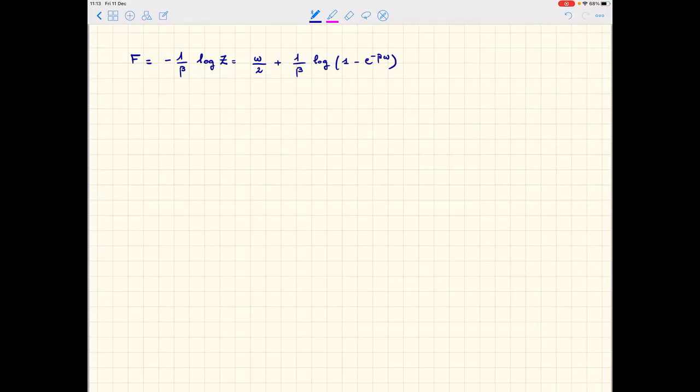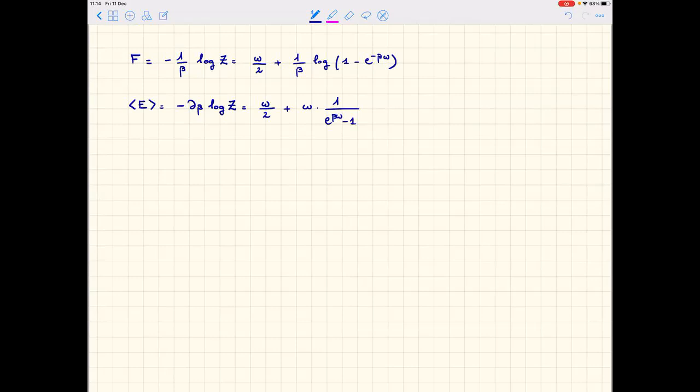Then we can compute the average energy. And simply doing what I've been doing many times in this course, right? Just minus the derivative with respect to beta of log Z. And well, if you do this calculation, you will get omega over 2 plus omega times 1 over e to the beta omega minus 1.